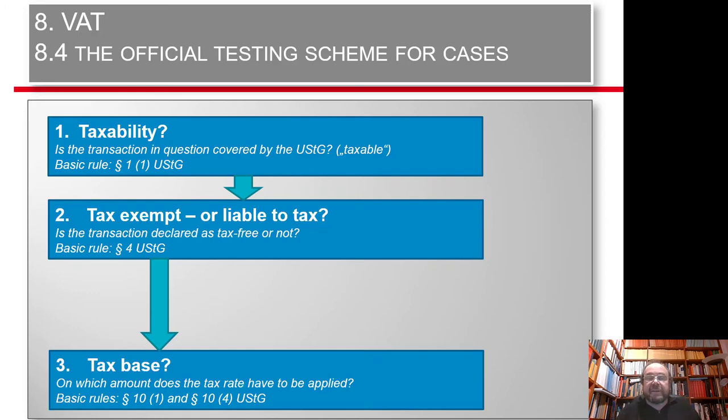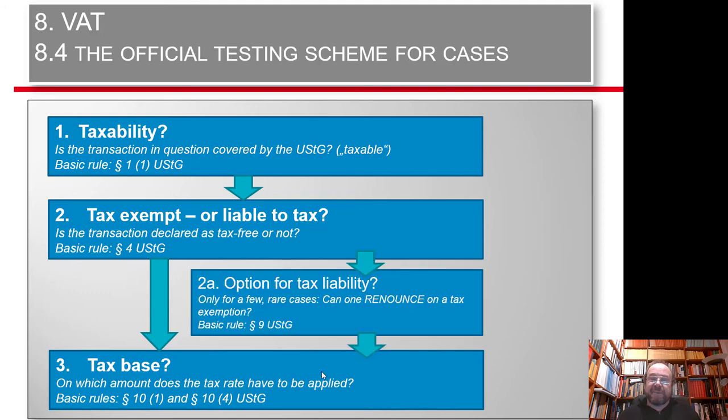Then you can't recover your input tax, and your input tax would be far higher than the output tax, so you lose money. For this specific situation, sometimes, and that is important, only sometimes, in 3 or 4 occasions only, it is allowed to opt out of a tax exemption and into tax liability for some events. But that is rather rarely the case.